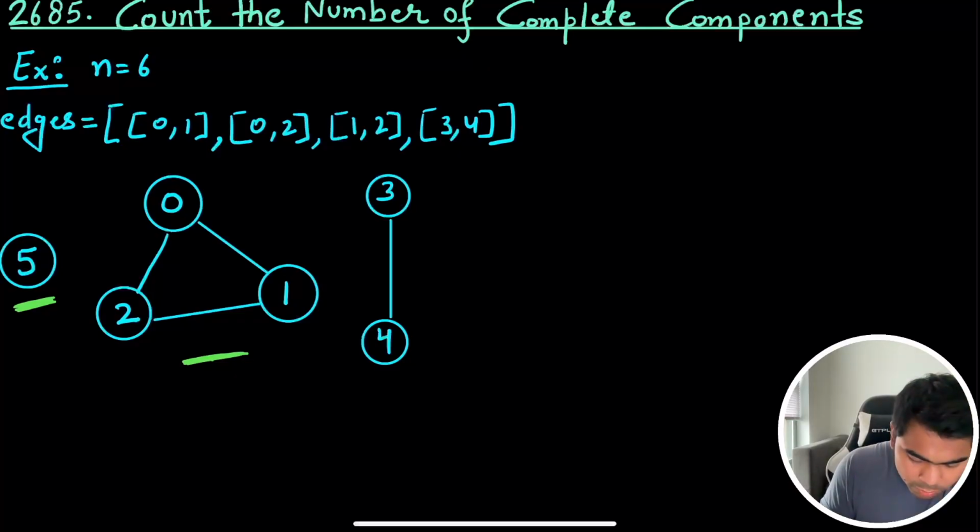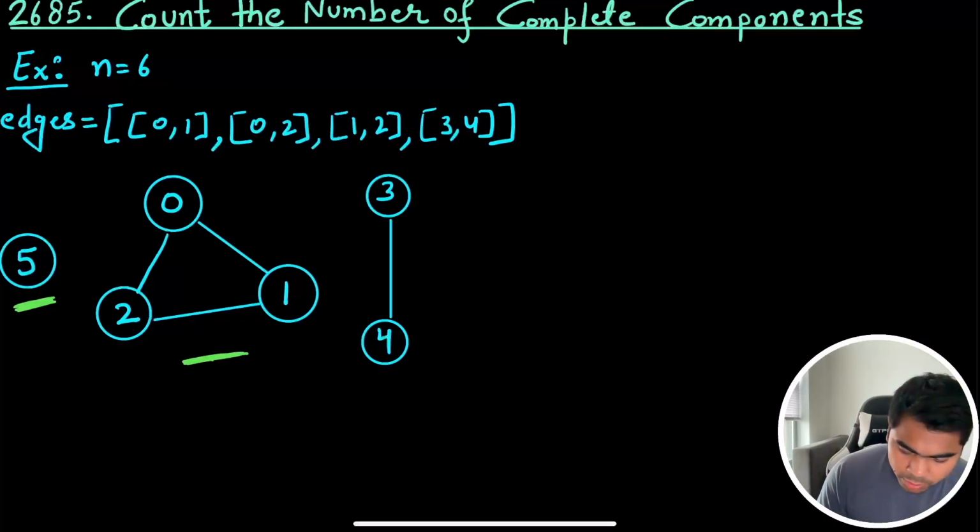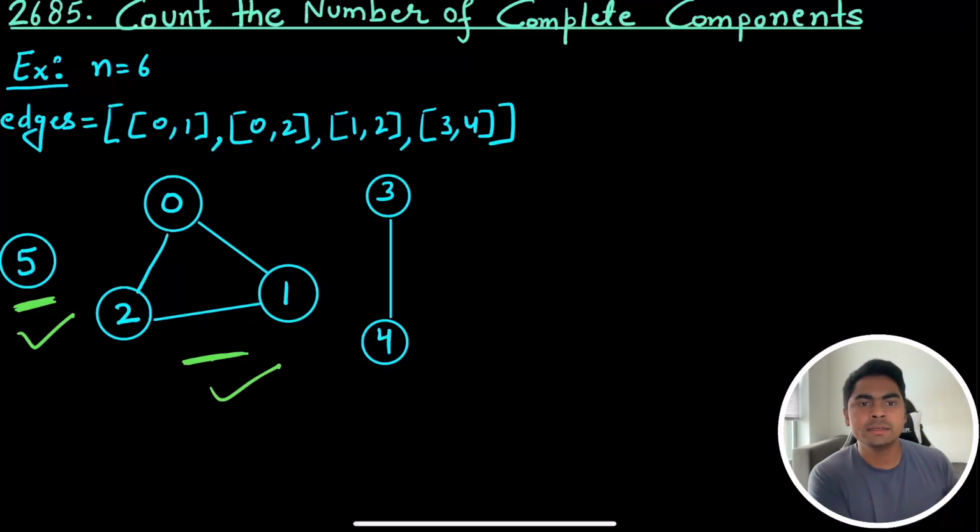How about 0? Is 0 connected to every other vertex in this connected component? Yes, it is, because 0 is connected to 2, 0 is connected to 1, and there are only 2 other nodes other than 0 in this particular connected component. So this one will also be a complete connected component.